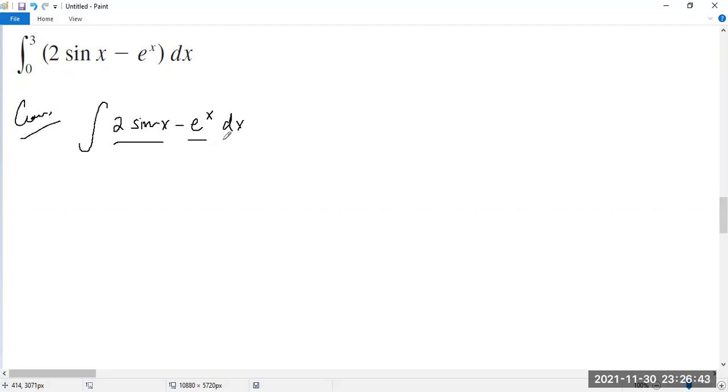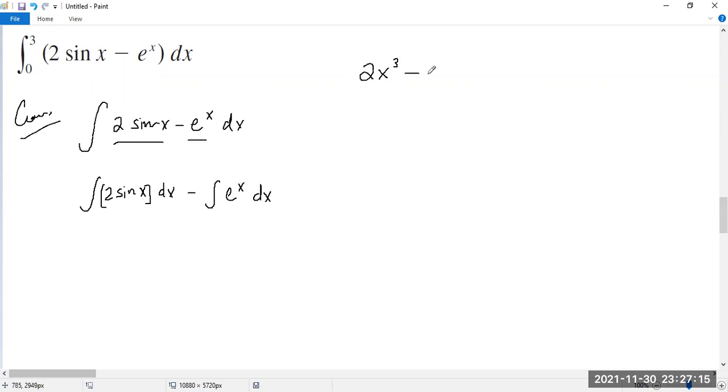Remember that if we have two terms or three terms or however many terms you'd like, you can take the integral of the terms individually and then combine them back together using whatever operations are binding them. So in this case, you can take the integral of 2 sine of x dx and subtract that from the integral of e to the x dx. And this is something that you could do in your head.